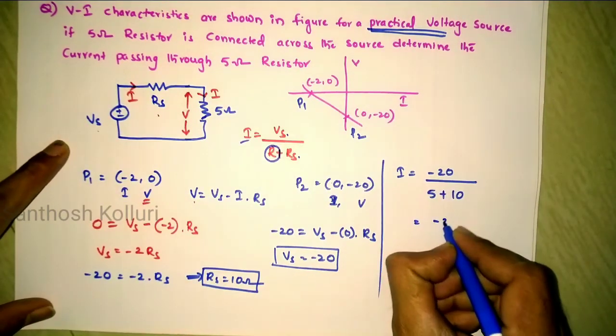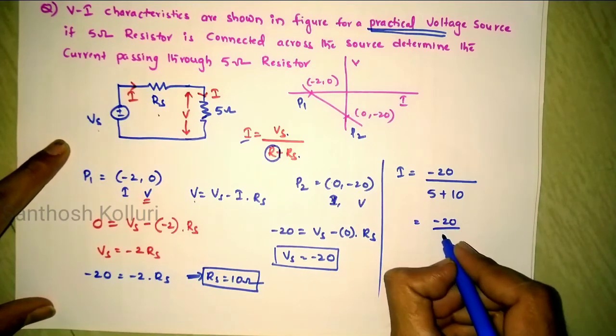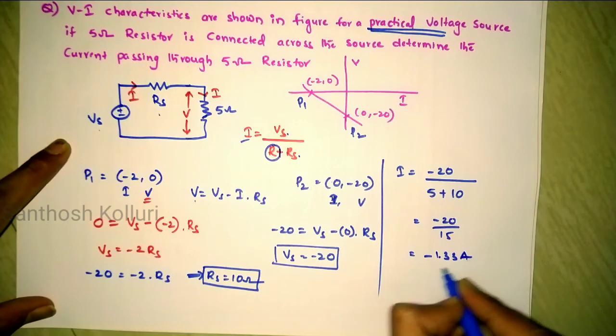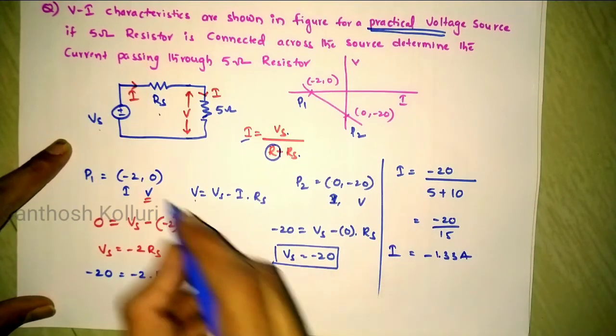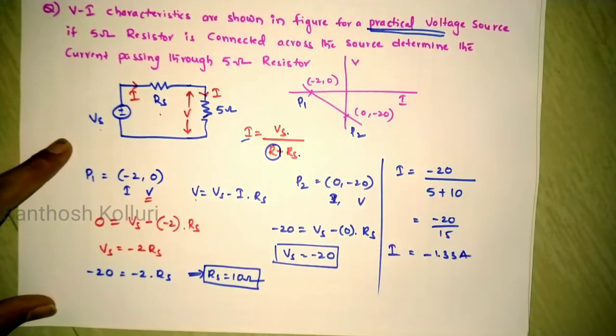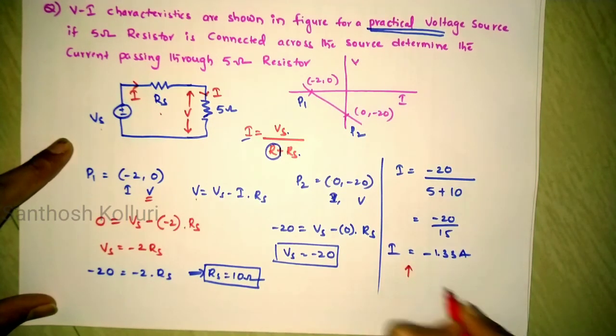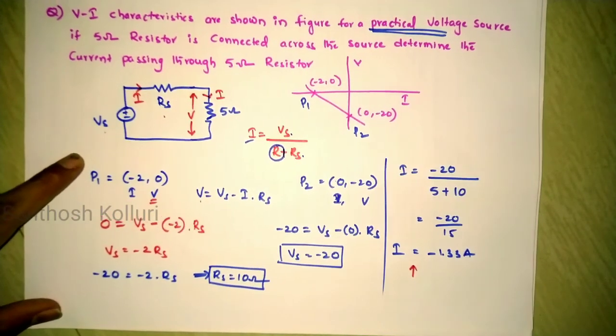So this is minus 20 by 15, which is nothing but minus 1.33 amperes. This is the current flowing through the load resistor of 5 ohms. And the negative sign indicates that the current is flowing in the reverse direction rather than the conventional direction.